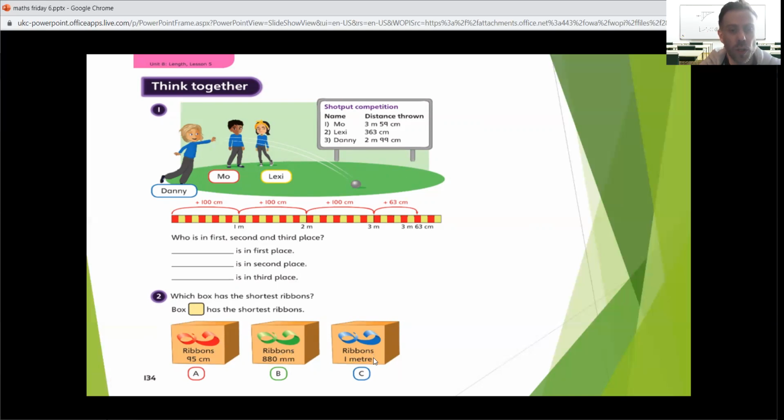So out of 95 centimeters, 880 millimeters, and 1 meter, you have to decide which one would be the shortest. Remember, they're all different: centimeters, millimeters, 1 meter. So that's why that one's a little bit tricky. Have a go at those though, shot put and the ribbons, and then I'll come back to tell you the answers. Pause the video now.